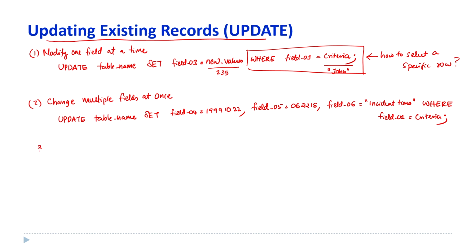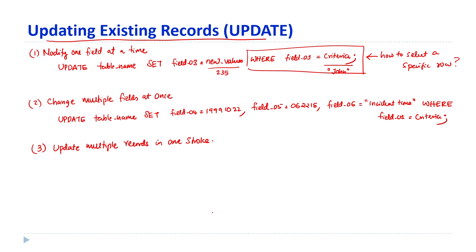Then the third one is update multiple records. Fields are columns, records are rows, in one stroke. A lot of the time people do this.